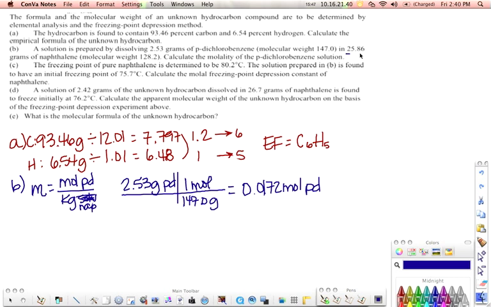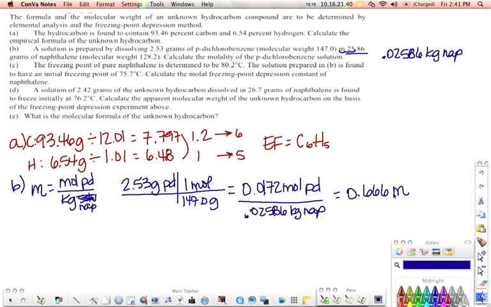Well, they told us right here we're using 25.86 grams of naphthalene, which is, move this over 3 times, 1, 2, 3, 0.02586 kilograms of nap. So we just take our moles of the p-dichlorobenzene, divide it by kilograms of naphthalene, and we end up with a molality of, ooh, this ugly number. That's a bad number. I don't like that number.